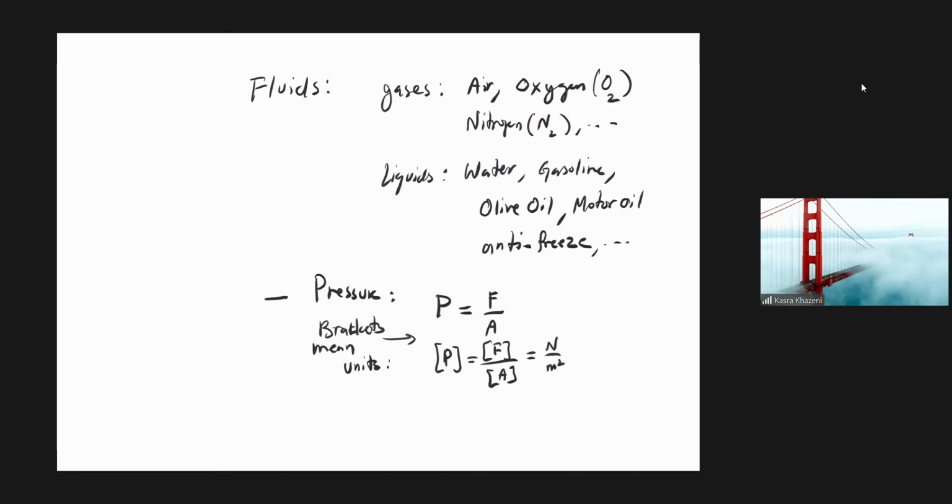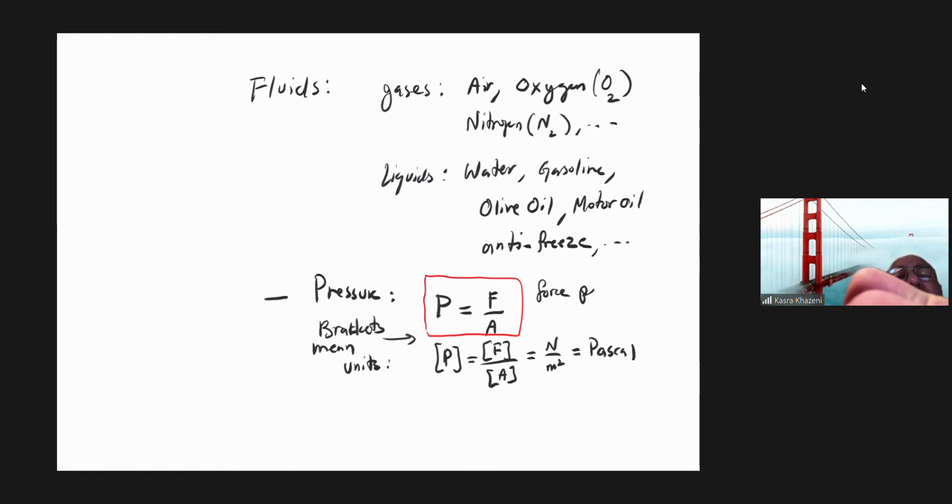We actually do have a name for this unit. This is called the Pascal. Pascal is the unit of pressure, which just means newtons per meter squared. So the fundamental equation of pressure is the amount of force per unit area.